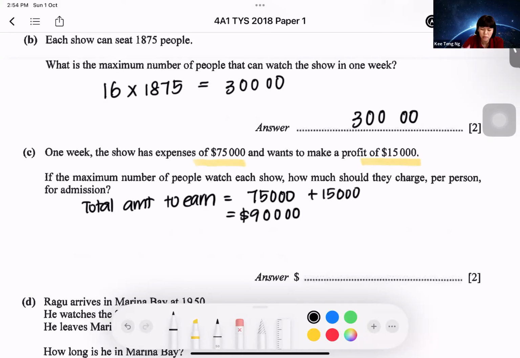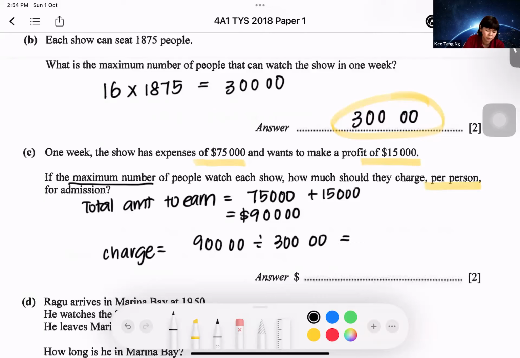And if maximum number of people means this number want to watch the show, how much do they charge per person? So I'll take the total that I want to earn, divide by the total number of people. That gives me $3. Ooh, really?